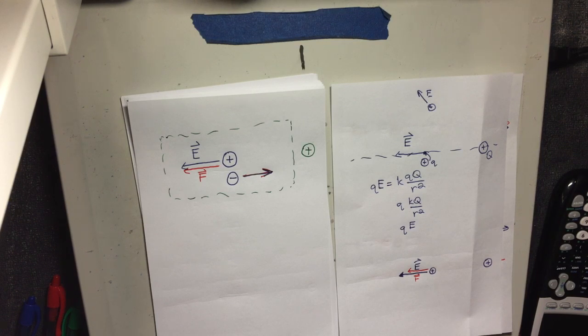Let's say in this room the electric field line is that way, because I say so. A positive charge will feel a force in the direction of the electric field line. If it was a negative charge, it would feel a force in the opposite direction.